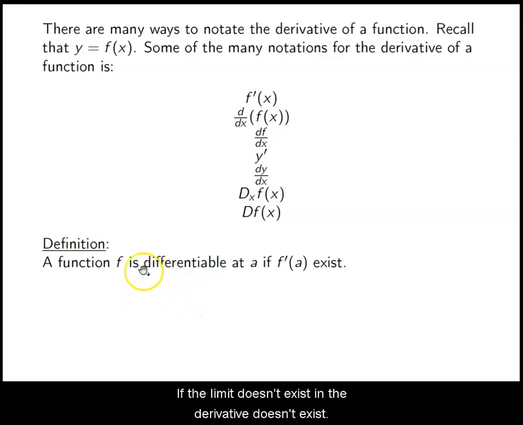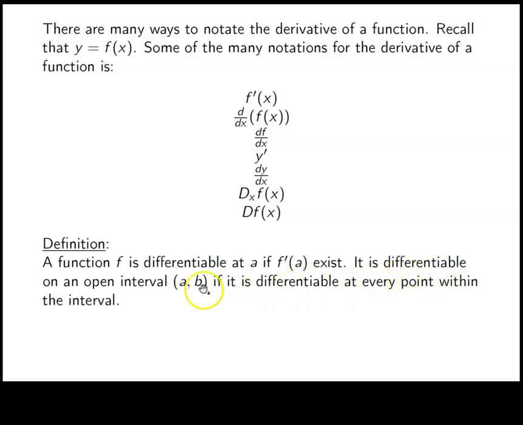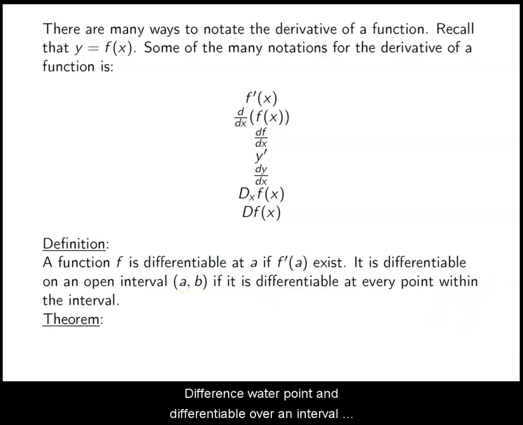So if the limit doesn't exist, then the derivative doesn't exist. I'm differentiable over an open interval from a to b if I'm differentiable at every point inside of that interval. So we can talk about being differentiable at a point and differentiable over an interval.